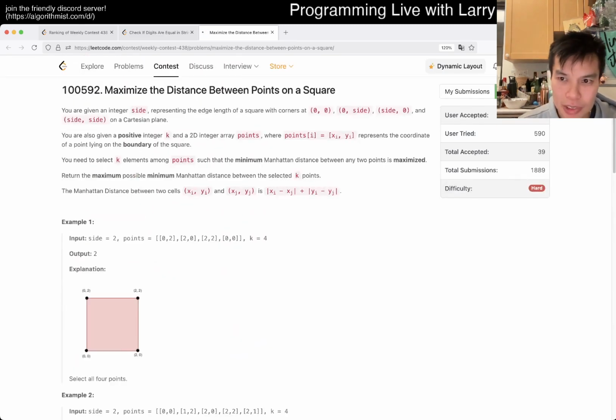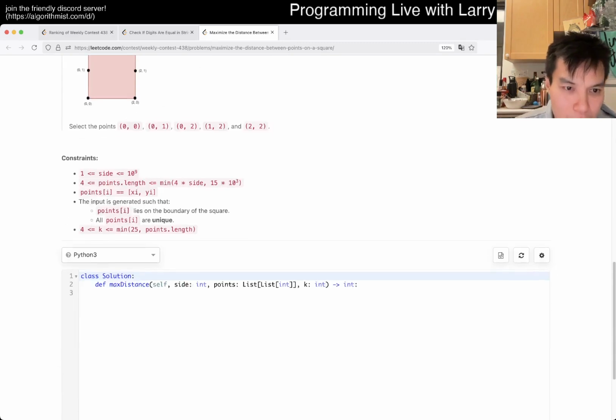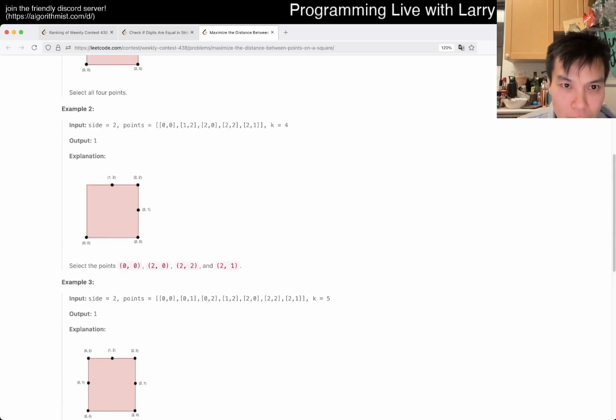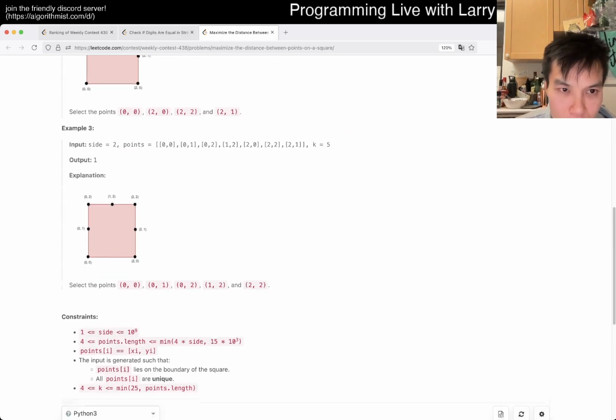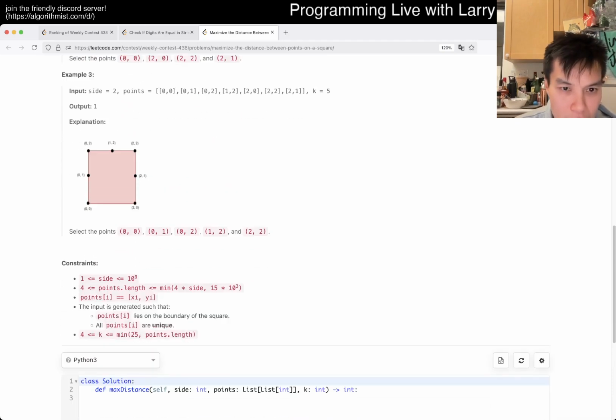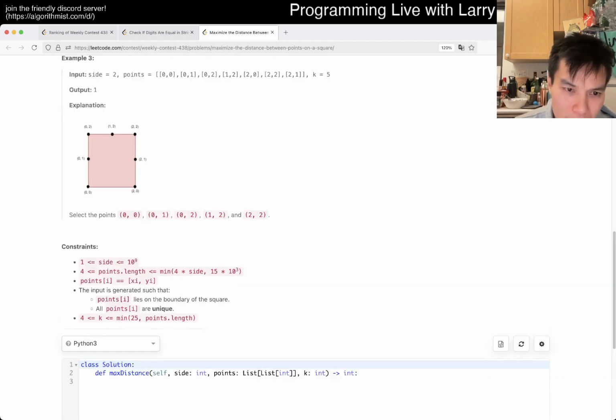Is it binary search? The circularness is kind of it's Manhattan distance, so you can think of it as a circle, really. Is it binary search?